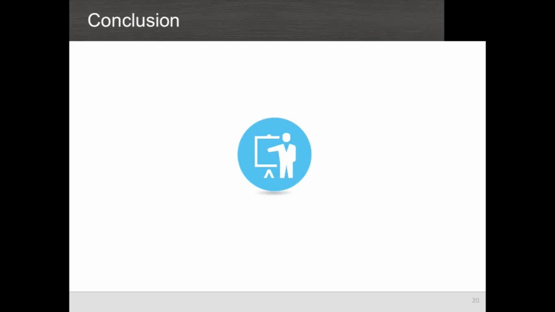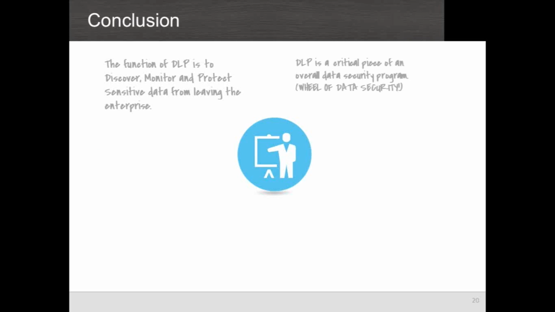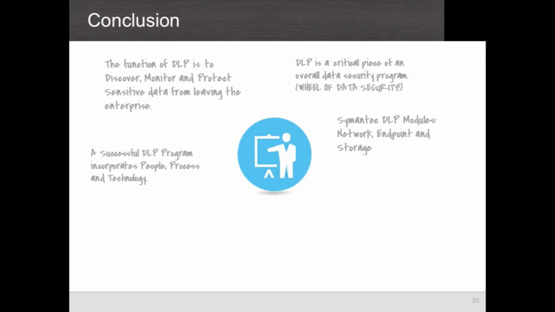So, in conclusion, just a refresher of what we covered. The function of DLP is to discover, monitor, and protect sensitive data from leaving the enterprise. DLP is a critical piece of a complete data security program, as we showed you on the Wheel of Data Security. A successful DLP program incorporates people, process, and technology.